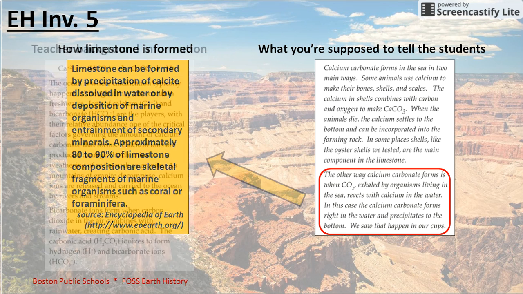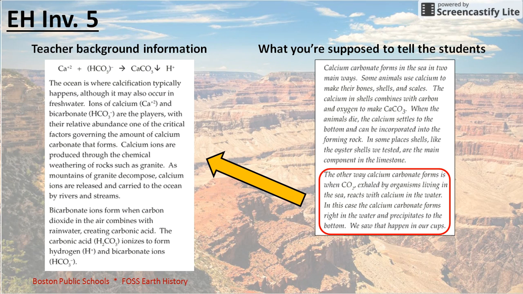However, it contradicts what the teacher's guide actually gives us teachers in the background information section, which I show here on the left. You can pause it and read it if you want, but basically at the top, you can see the chemical reaction for the formation of calcite in seawater. And in the teacher's guide, it clearly states the calcium ions are produced from the chemical weathering of rocks, and that enters into the ocean.